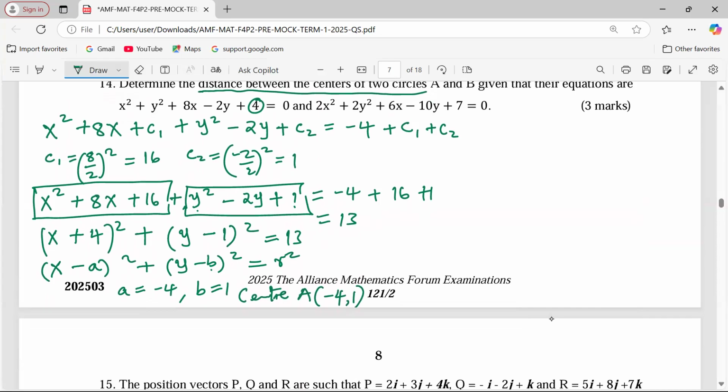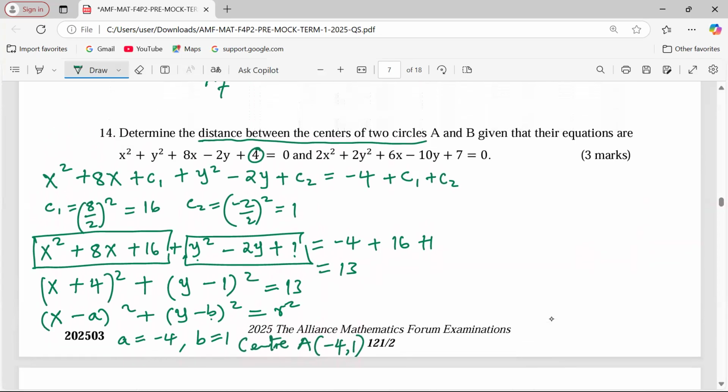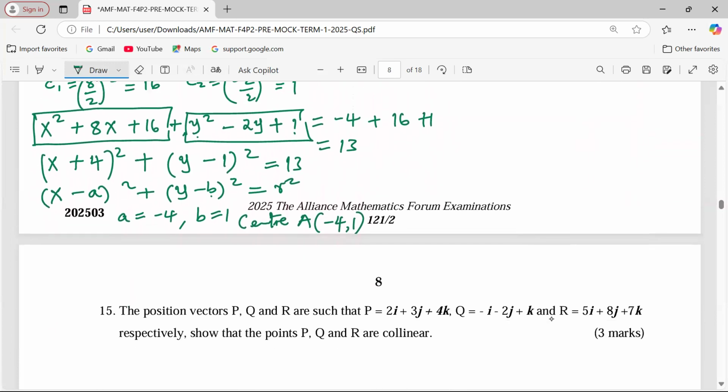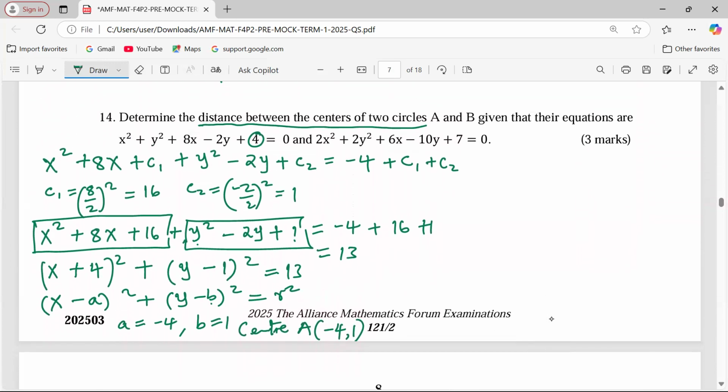-4, 1. So now we can talk about the second center, whereby we deal with the second circle. We cannot complete the square unless we divide by the constant through. Therefore, for this second circle, we divide through by 2, so that we get x squared plus 3x.